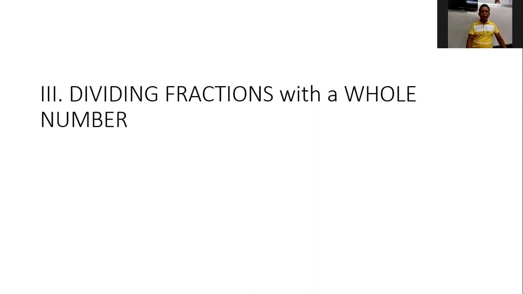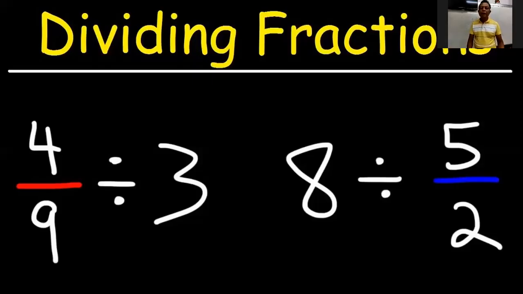Dividing fractions with a whole number. For example, here we have 4/9 divided by 3. So it should be like 4/9 divided by 3/1. Here we have second 8/1 divided by 5/2. Excuse me. I'm very sorry. Okay? Smooth.